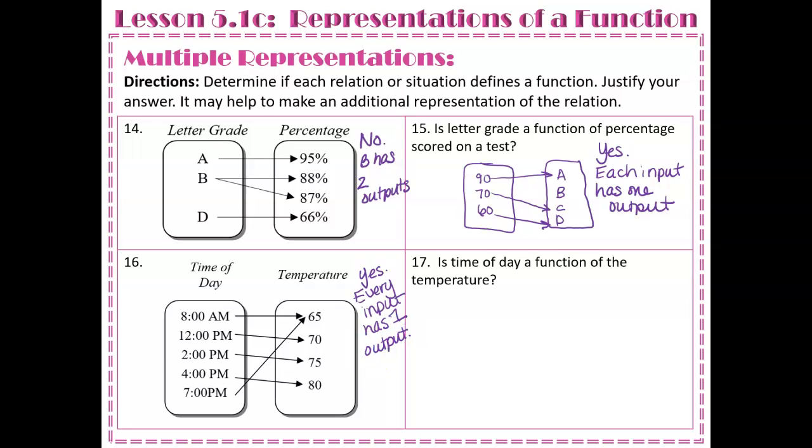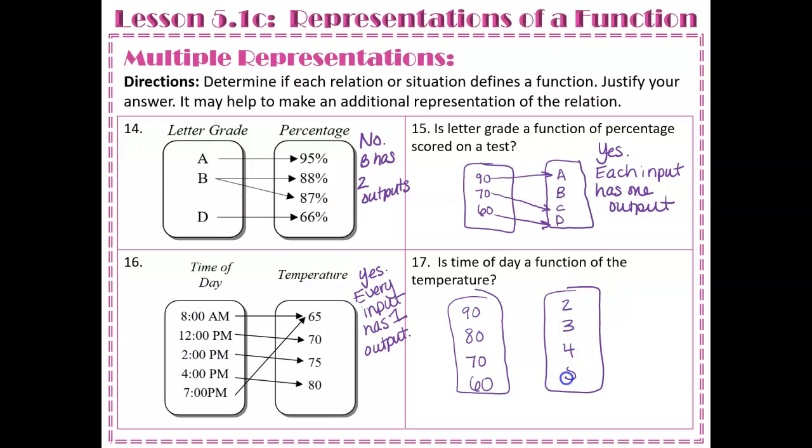Okay. Now if we switch this around, is the time of day a function of the temperature? We're going to put the temperature first. So let's say 90 degrees, 80, 70, 60. And the time of day over here, 2, 3, 4, 5 o'clock in the afternoon, it can be 90 at 2 o'clock and still be 90 at 3 o'clock.